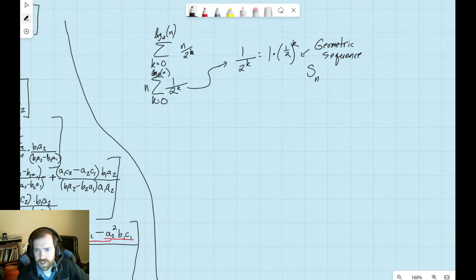And so the partial sum at any particular n value, so going out as far as you're going to go, however many terms that's going to be, is going to be equal to a sub 1 times 1 minus r to the n over 1 minus r.